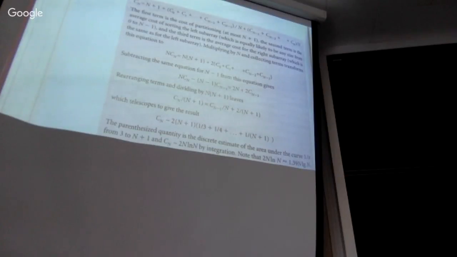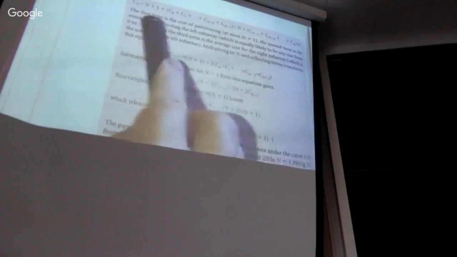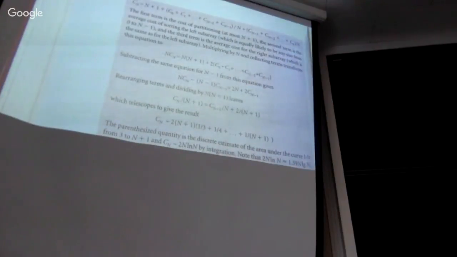I multiply by n because I have all these divide by n's, which I want to get rid of. So n C of n is n times n plus 1 plus 2 times that, and subtracting the same equation for n minus 1. So again, it's the same old trick that we use when we use the transformations. I get a certain equation, and then I have C0s and C1s and so on.